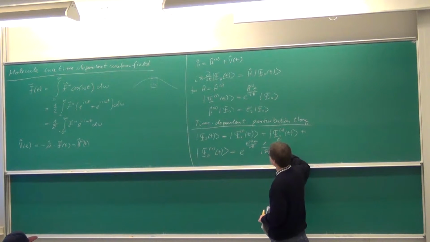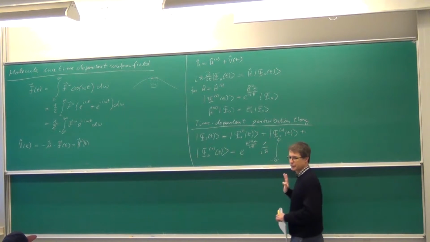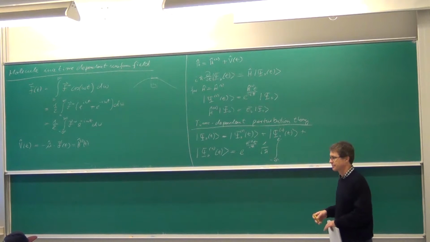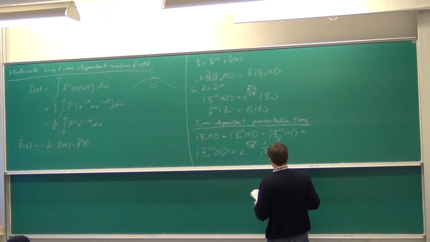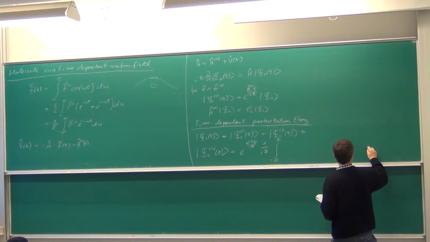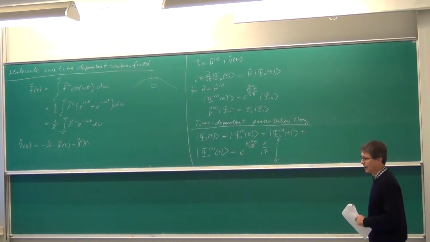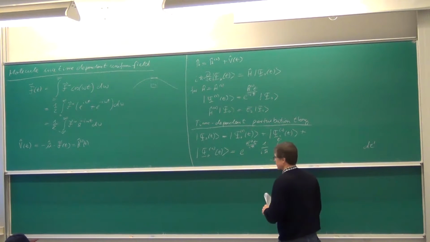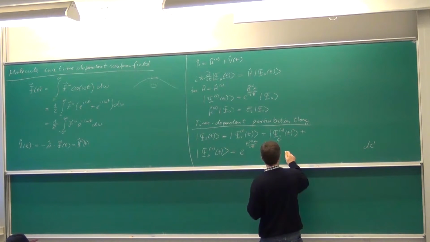And during that period, that perturbation might have perturbed my system. So I'm going to integrate over a dummy integration variable, which we called t prime. So t prime is a time variable going from minus infinity to t.